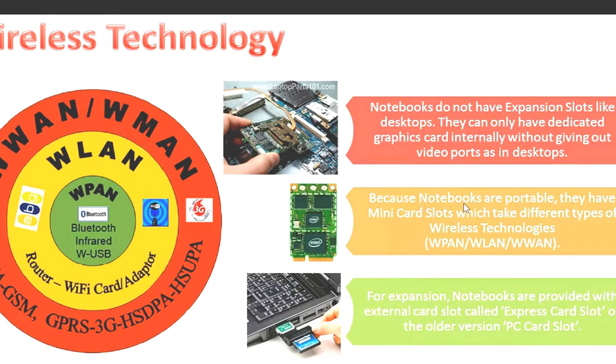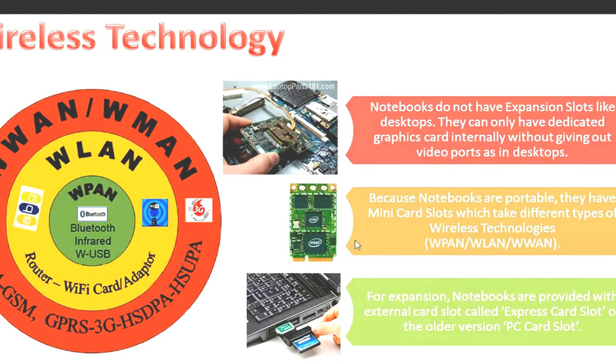Because notebooks are portable, they have special mini card slots which take different types of wireless technologies, maybe wireless PAN, wireless LAN, or wireless WAN, or maybe all three of them whatsoever. Look at this. This is how a mini card looks, and this is the connector part, so it directly goes into one of those mini card slots which is there in a notebook.